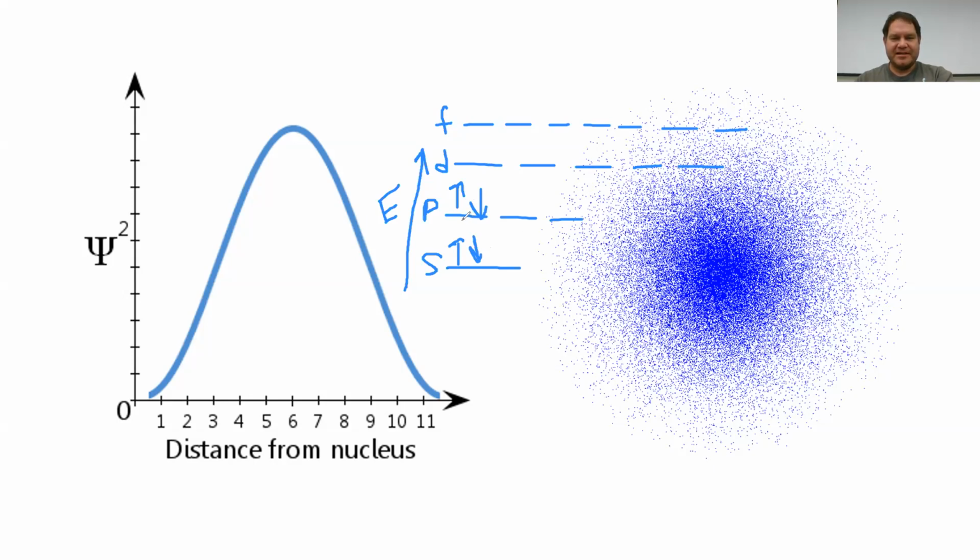So this would be like the X, Y, and Z of the p orbital, making the p subshell. So just to give you an idea of where we're going to go, this electron has more energy than this electron because the p orbitals have more energy than the S orbital. That's what I'm trying to say here.